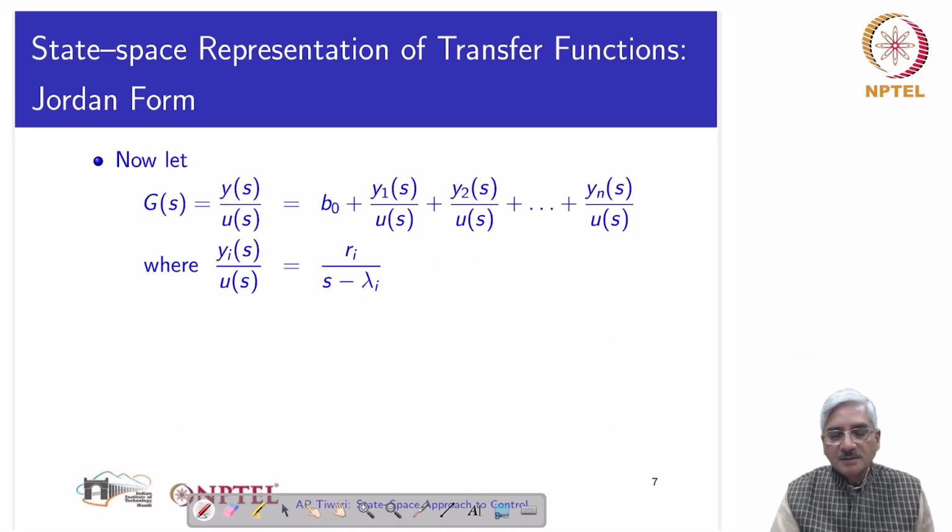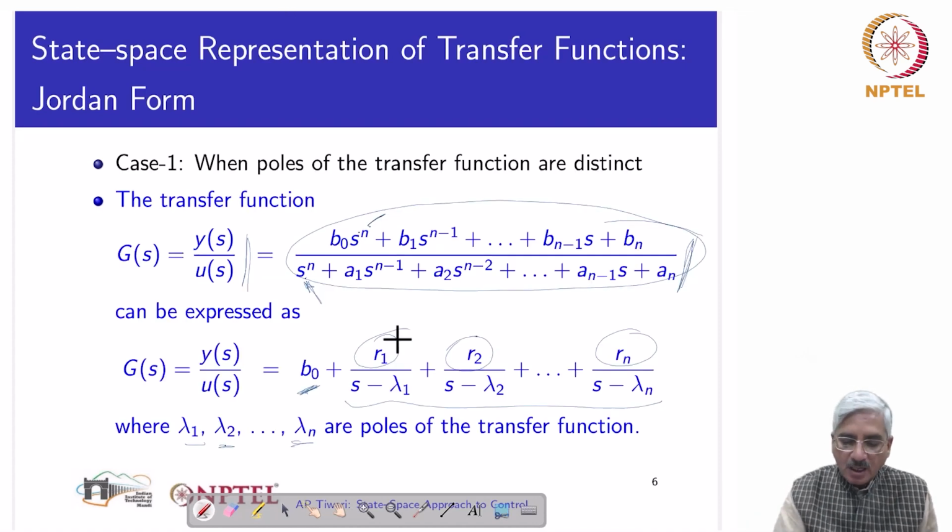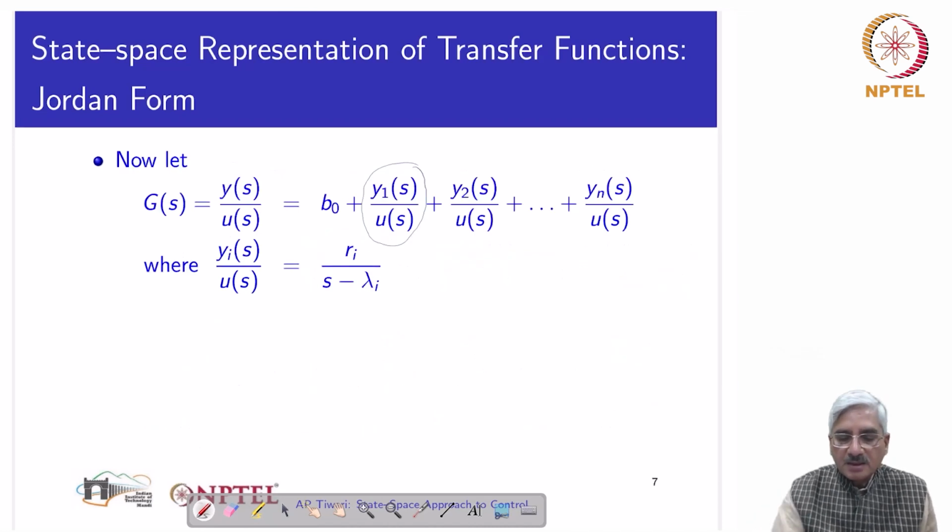Having done that, we can assume that each term like this, r1 by s minus lambda 1, is itself a transfer function whose output is y1 and input is u. The other one has output y2 and input u, and so on.